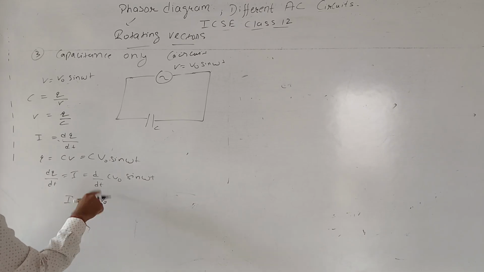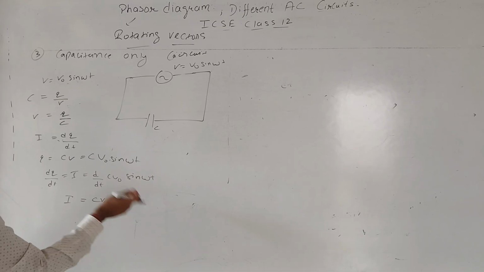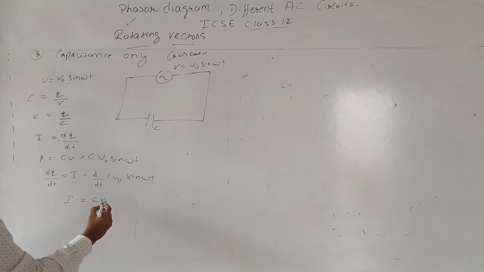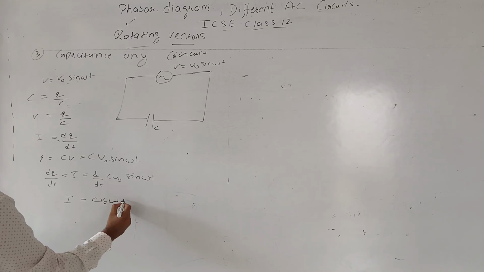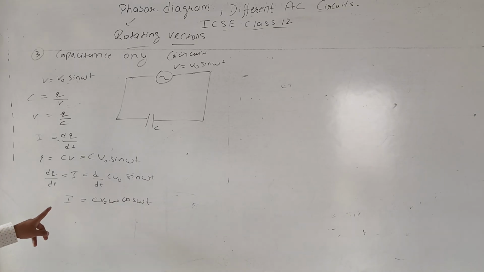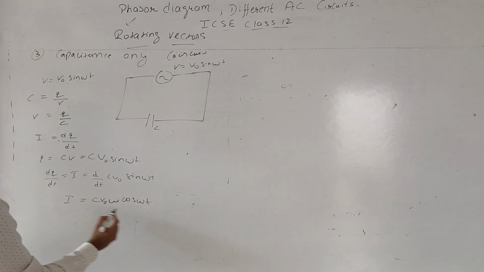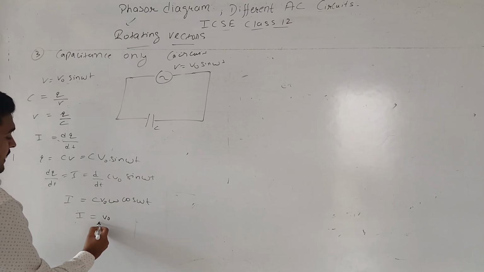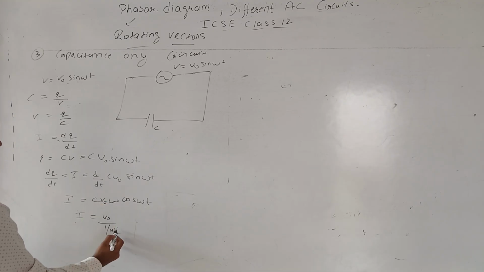After differentiating we will get I is equal to C into V naught. Differentiation of sin omega t is cos omega t, and omega will come out. So I is equal to V naught omega C cos omega t. This can be written as I is equal to V naught divided by 1 by omega C, into cos omega t.